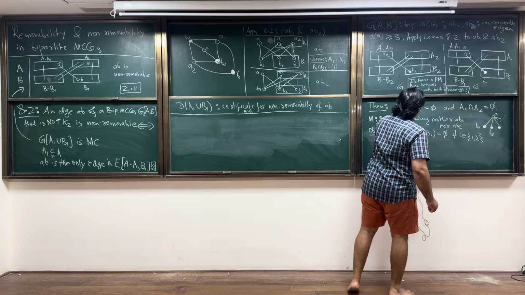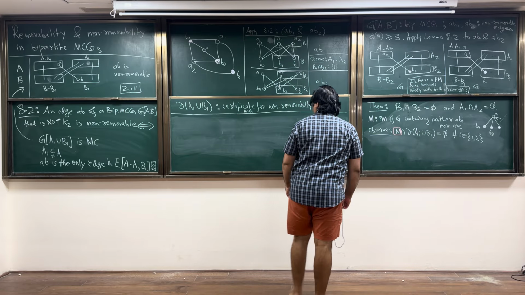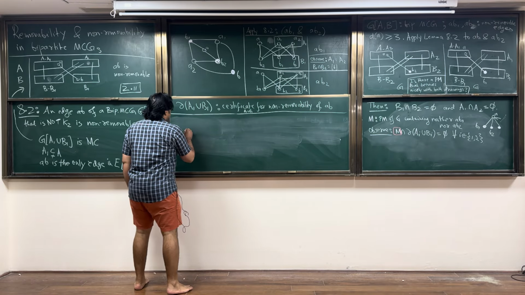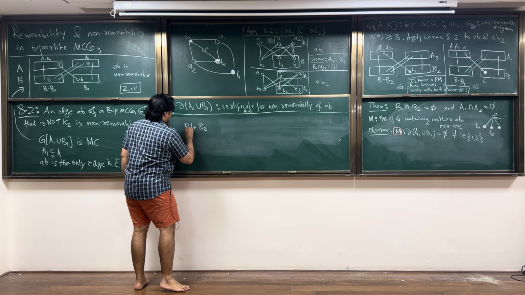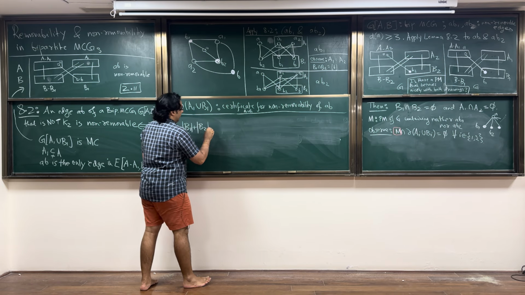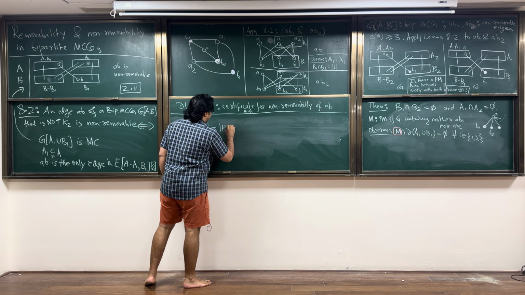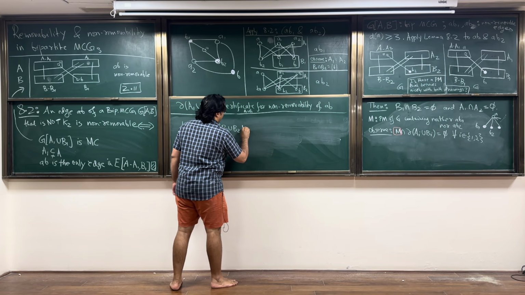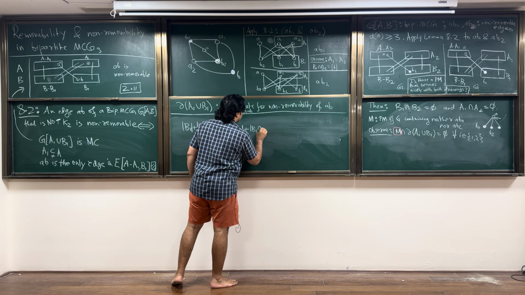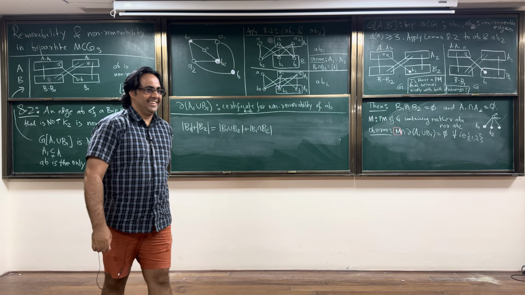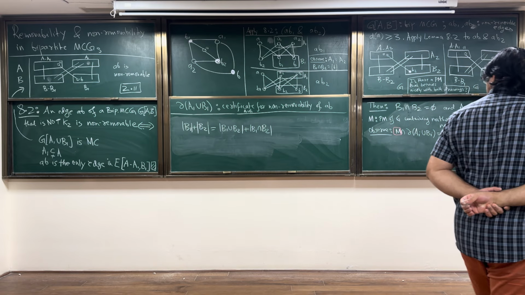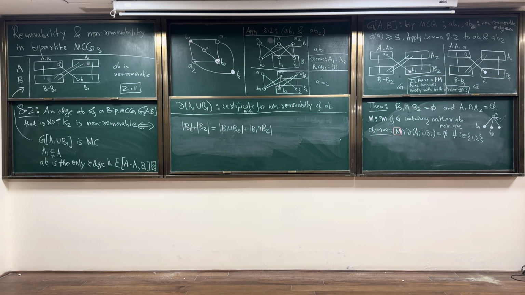Now we want to prove these facts. Okay, let's do some very, very basic stuff. Cardinality of B1 plus cardinality of B2 is equal to cardinality of B1 union B2 plus cardinality of B1 intersection B2. Everybody agrees with this?